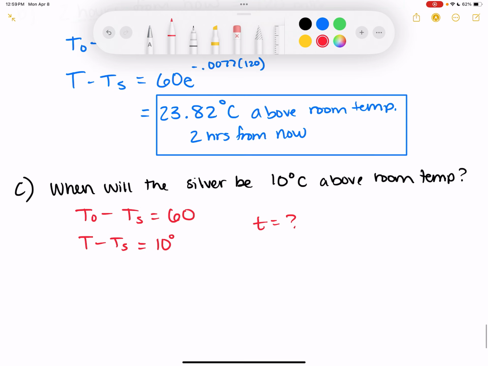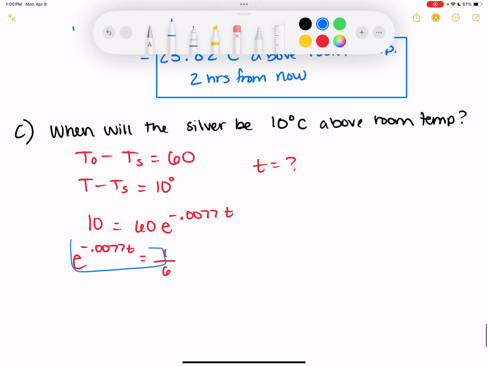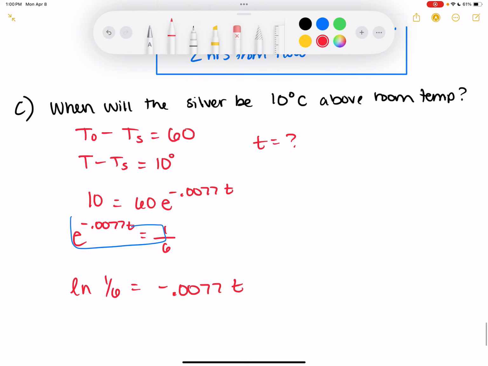So we would have 10 is equal to 60 times e to the negative 0.0077 t. Then e to the negative 0.0077 t is equal to 10 over 60, or 1/6. Then I can use ln. So ln of 1/6 is equal to negative 0.0077 times t.